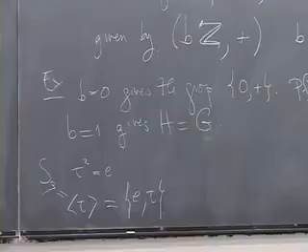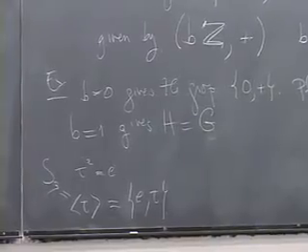Namely, do you get to a power of g where it becomes the identity element or not?